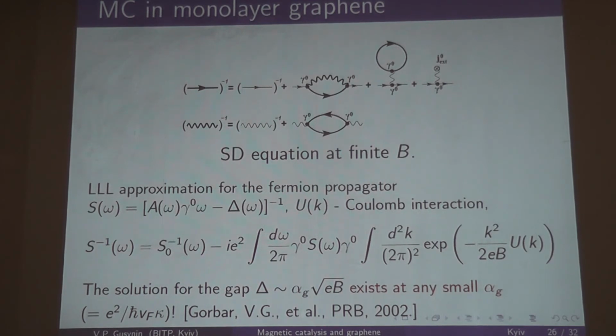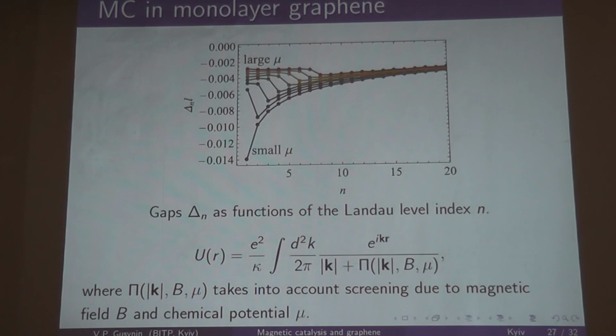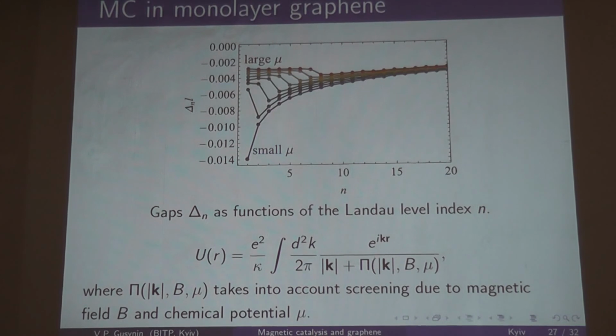Now, in graphene, which is very close to the QED model, for the lowest Landau level, the equation has also a simple form that can be easily found: the gap is generated at any small coupling, in proportion to the square root of the magnetic field. Here is a figure when we take into account the gap as a function of Landau level.